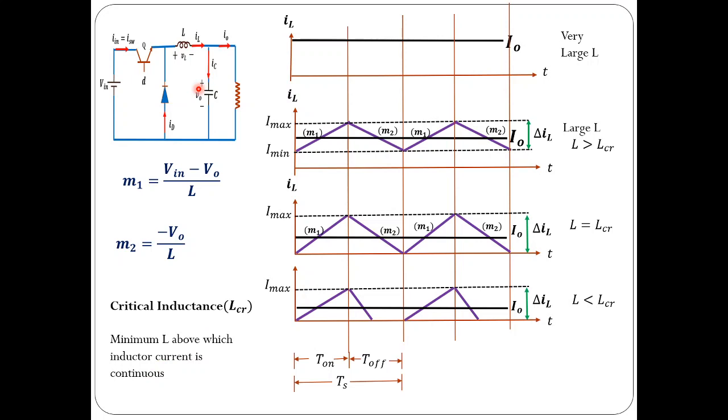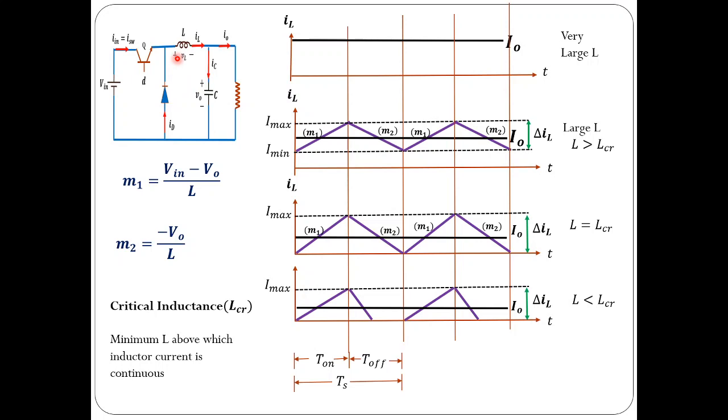This is not the only way. You can keep the inductance value constant, and if I assume that current is continuous, you may increase the resistance value. If you increase the resistance value, automatically the current through the load would decrease, so the current through the inductor is also going to decrease, for the same output voltage and same input voltage, because only the load is varying. According to buck converter operation, the output voltage is more or less constant.